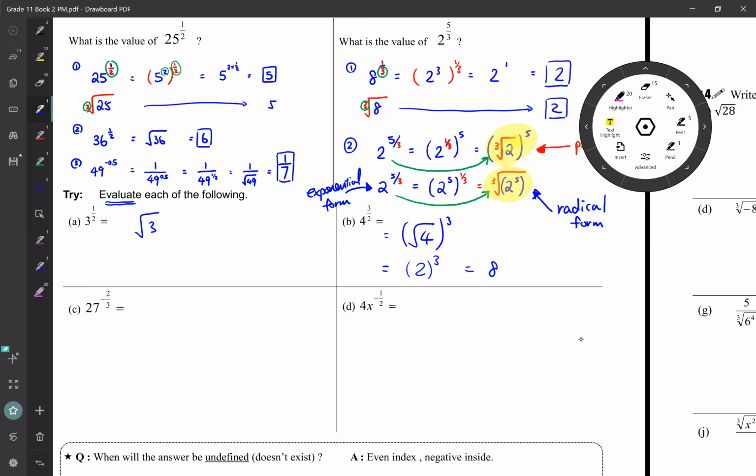So depending on what the question wants, this is very important, because in the homework the instruction is important. If they say evaluate, you see I highlight that, then you go as far as you can. This is called evaluate. If the question says please write it in radical form, then you leave your answer in the first way, radical form.